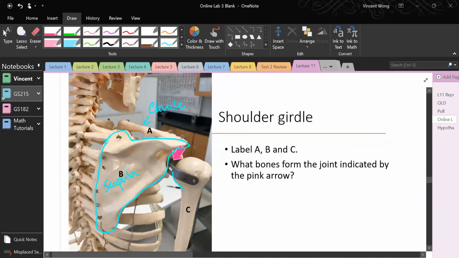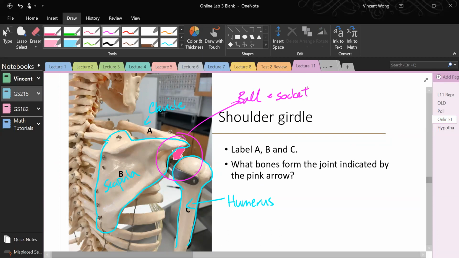And C is this one. That is the humerus, the funny bone. And this joint right here, that is a ball and socket. Okay.